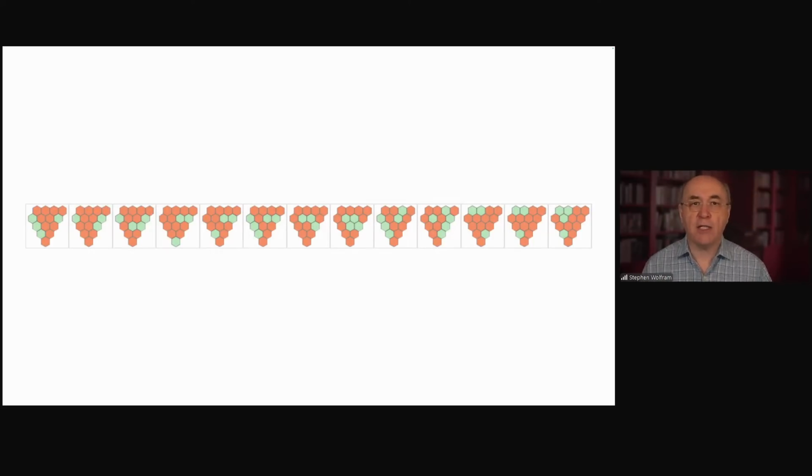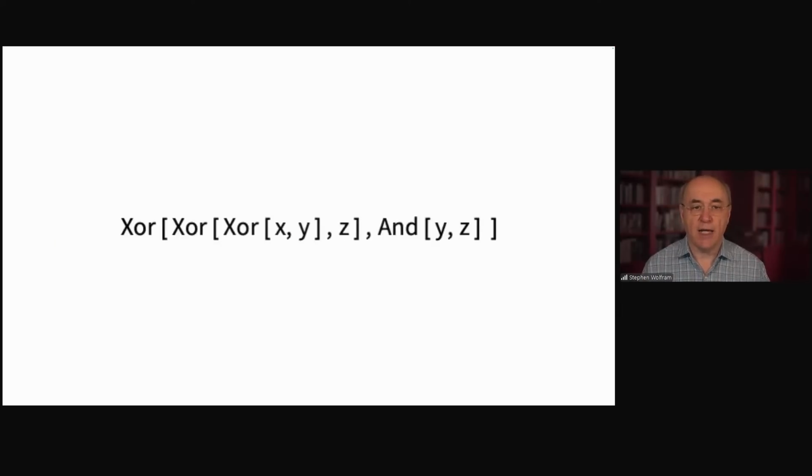But what if we try to explicitly construct, essentially by standard engineering methods, a rule array that computes a particular function? We can start by taking something like the function for Rule 30 and writing it in terms of AND and XOR, i.e. in ANF, or algebraic normal form. So that's the Rule 30 function in ANF.